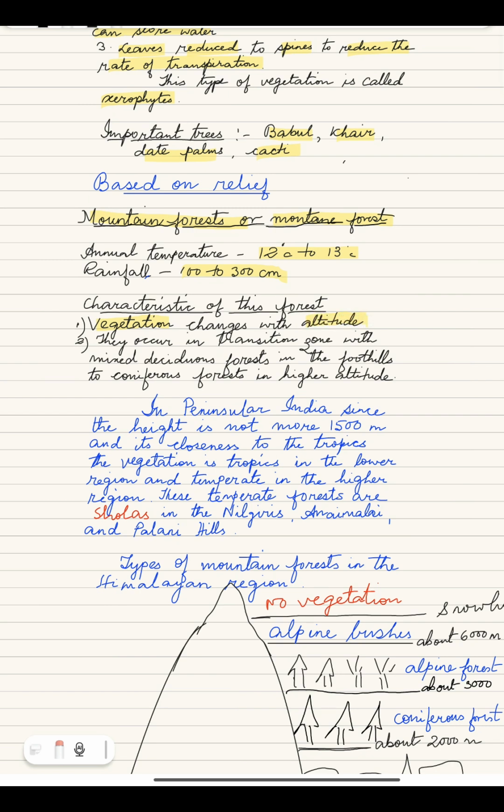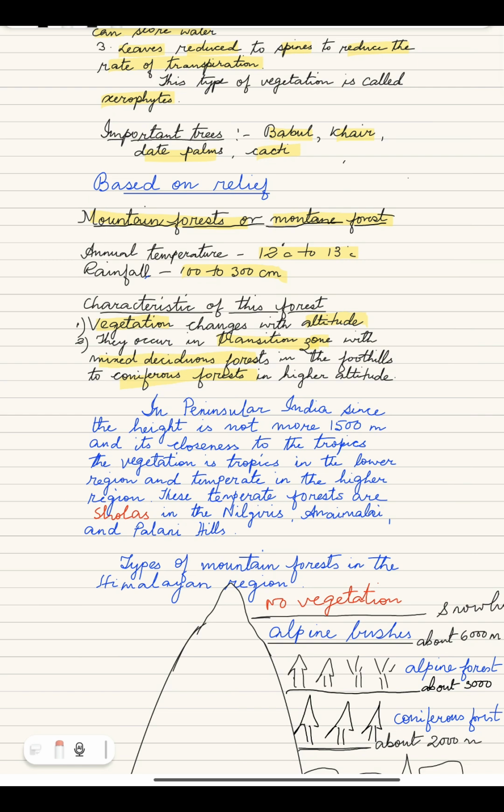As the altitude increases, the nature of the forest also changes. They occur in transition zone. And the transition is between mixed deciduous forest in the foothills to coniferous forest in higher altitude.